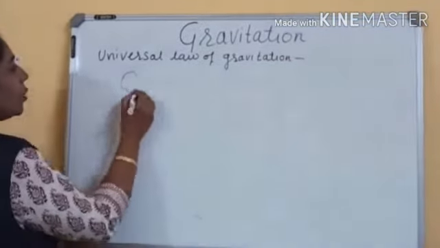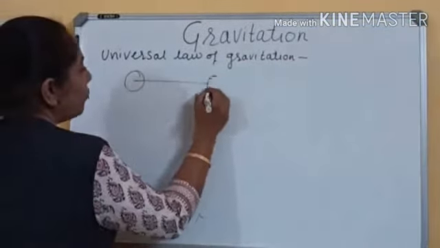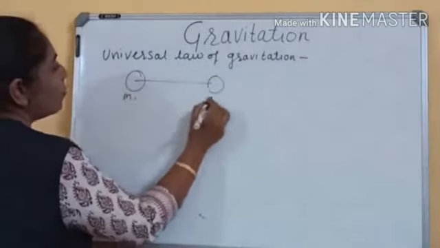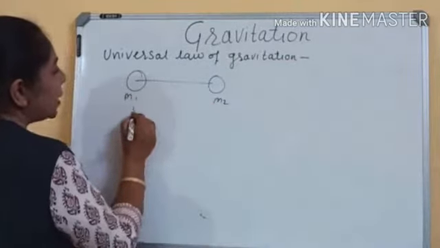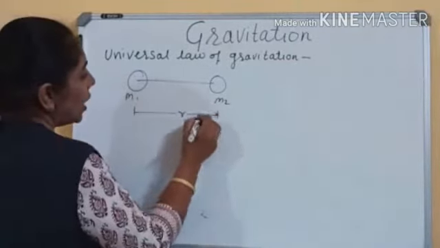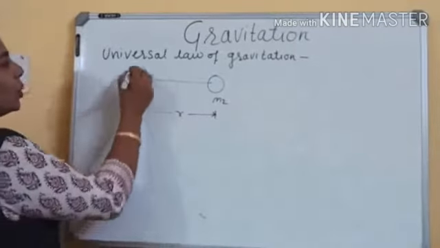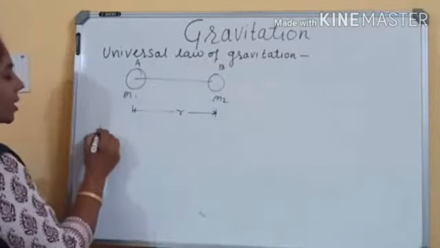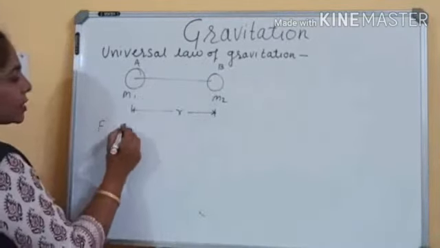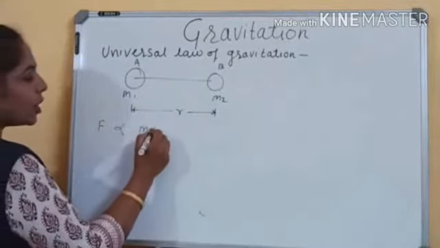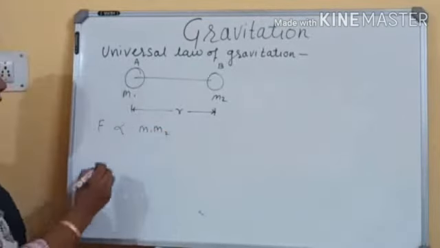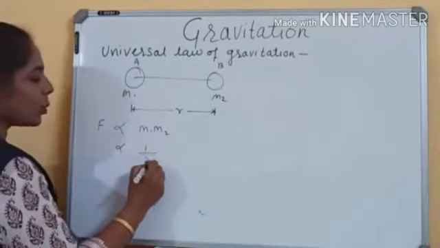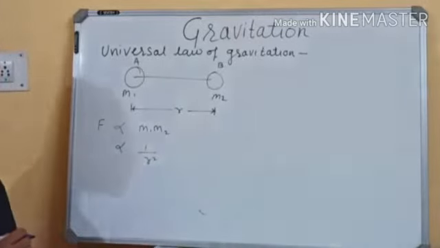So suppose here you have two masses m1 and m2. This is m1, this is m2, separated by a certain distance r. Then according to the universal law, the force of attraction between them is directly proportional to the product of the masses and inversely proportional to the square of the distance between them.